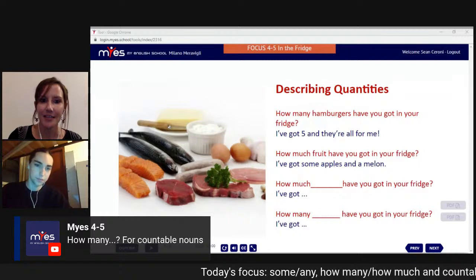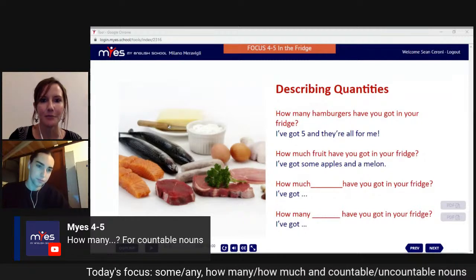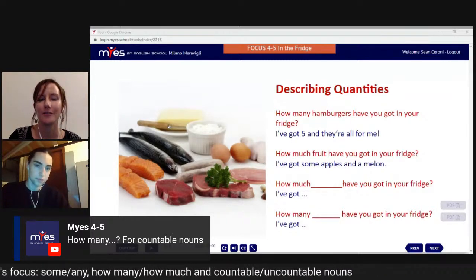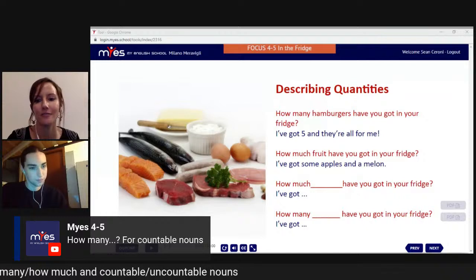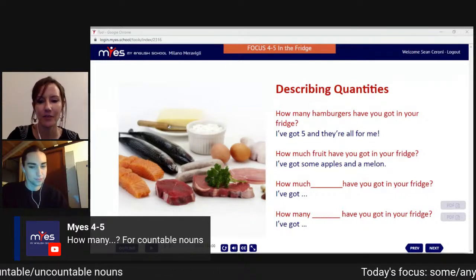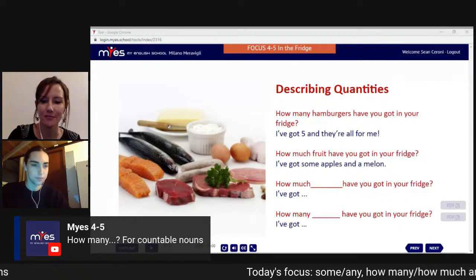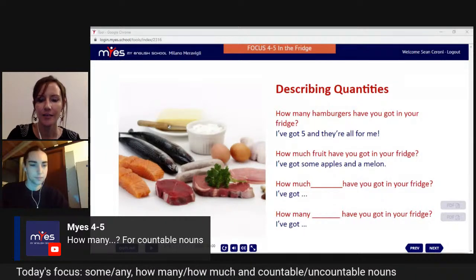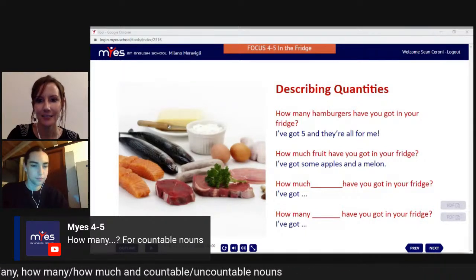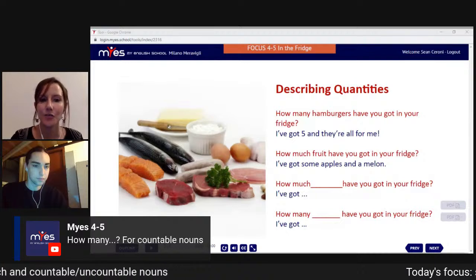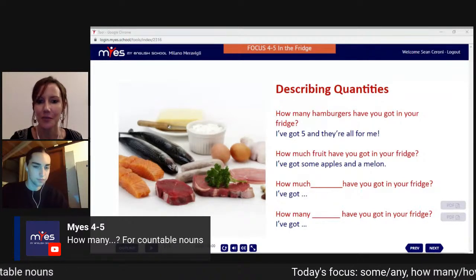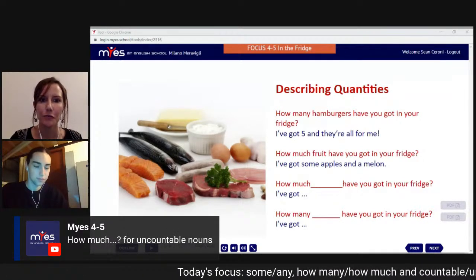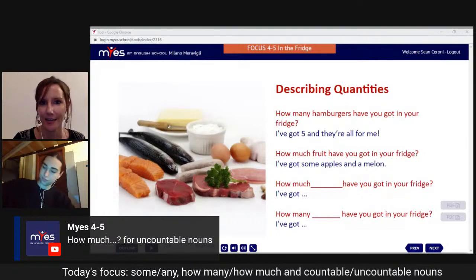And then for the second example, how much fruit have you got in your fridge? So here we've got the same question. You're asking about the quantity, but you use how much because fruit is uncountable.